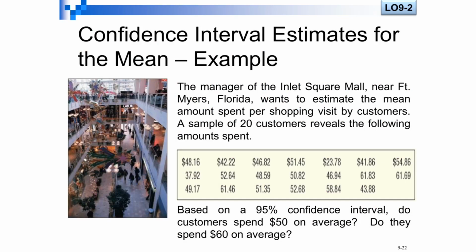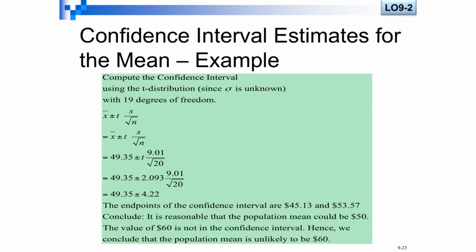So another question, another example: they give you a sample of 20 customers and they ask, based on the 95% confidence interval, do customers spend $50 on average or not? And the second part of the question. So again, we know that it is a t distribution because it's everything about the sample.